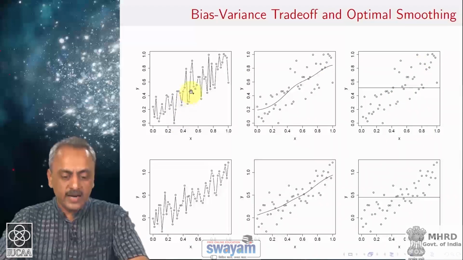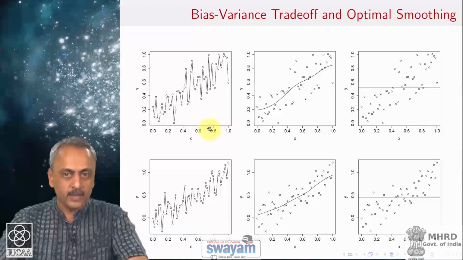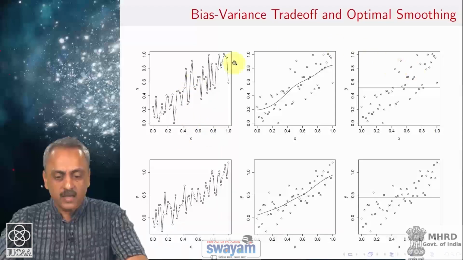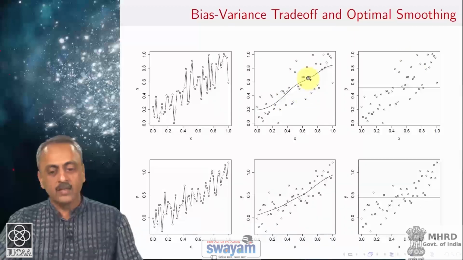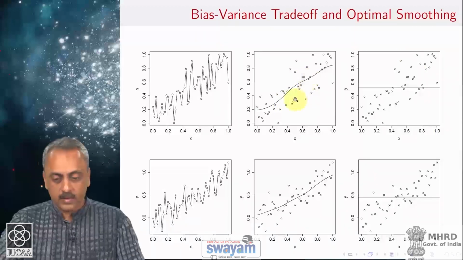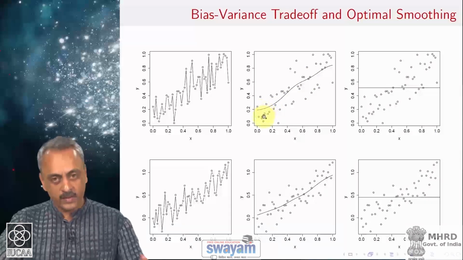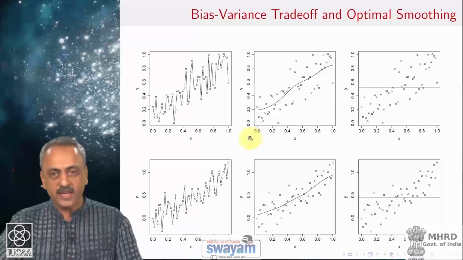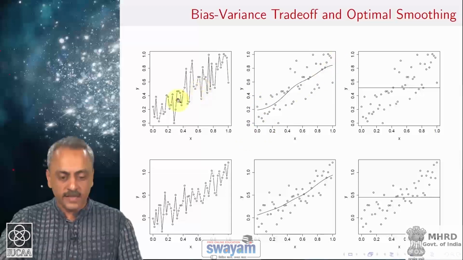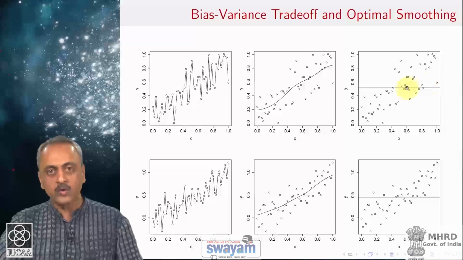So, we say that at this end the bias is lower, but the variance is much higher. So, what we need is not these two extremes, but somewhere in between, where the fit that you obtain with some prescription picks up the trend in the data, but is neither too variable nor too biased.